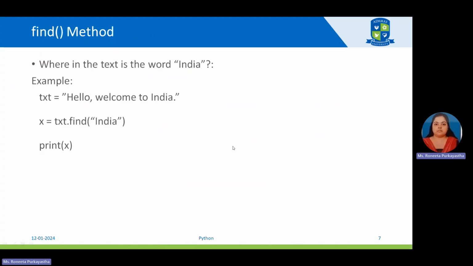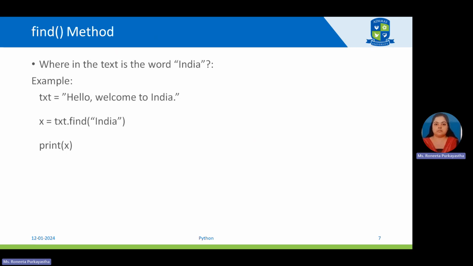Next is the find method. The find method is used to search for the presence of a particular substring in a string and print the particular index into which the substring is placed. So we have already discussed the concept of index.